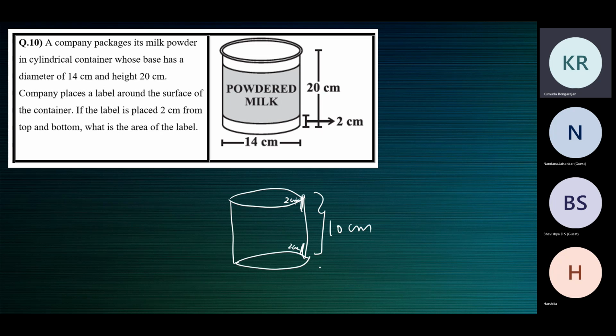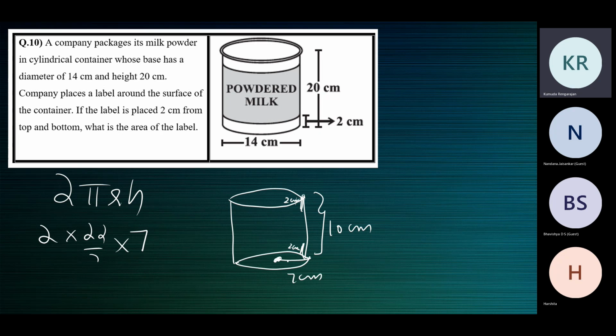Then the height of the paper you need, or the height of the cylinder, will be 10 plus 2 plus 2, 14 centimeters. Say the radius is 7 centimeters. So the area of paper you need will be equal to the curved surface area of the cylinder, which is 2 pi RH. So 2 into 22 by 7 into radius is 7.